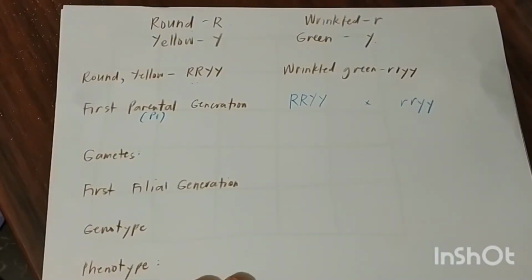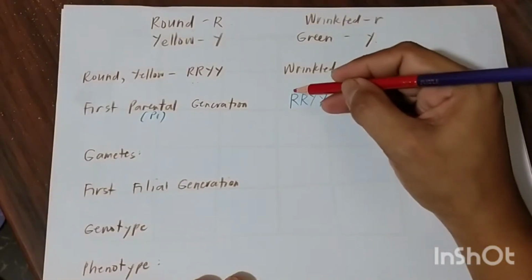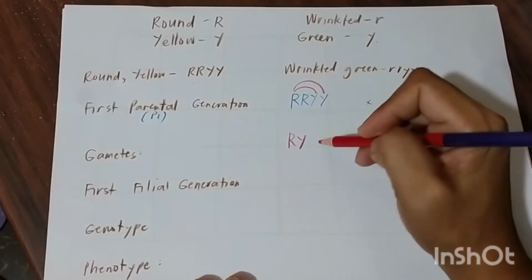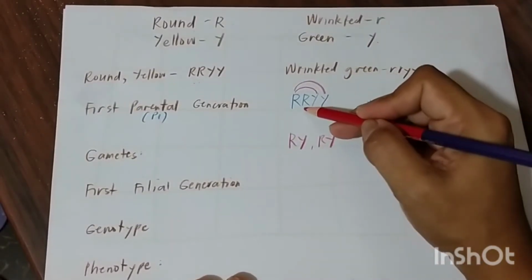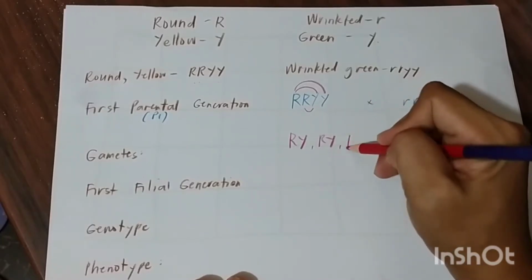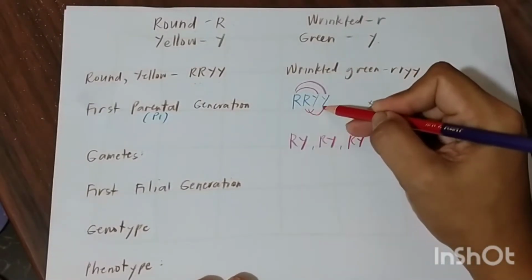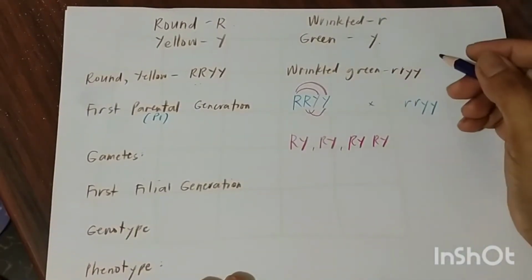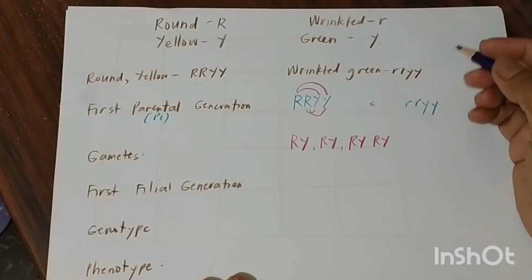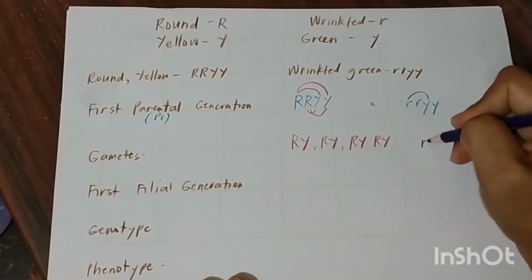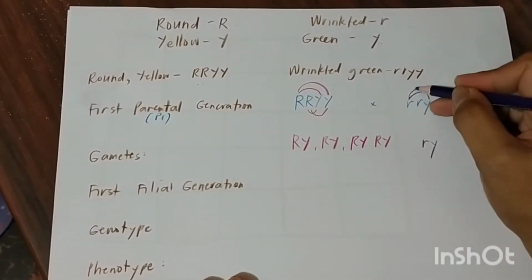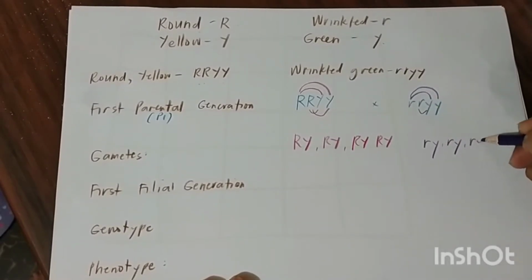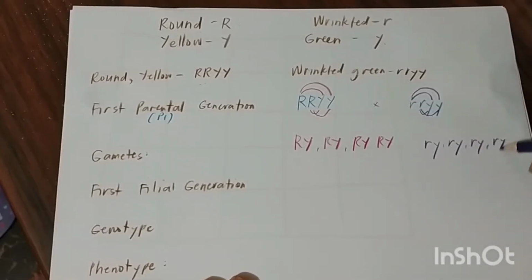So the possible gametes, using the foil method: we have RY, RY, RY, and another RY. For the gametes of the wrinkled green seeds, we have small letters r and y, another small r and y, then another r and y.